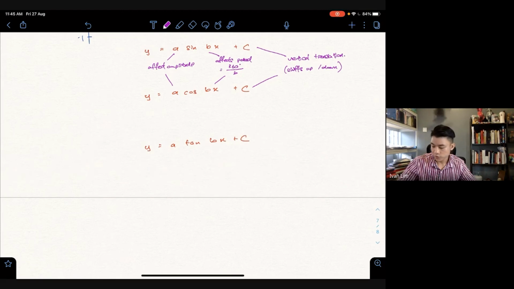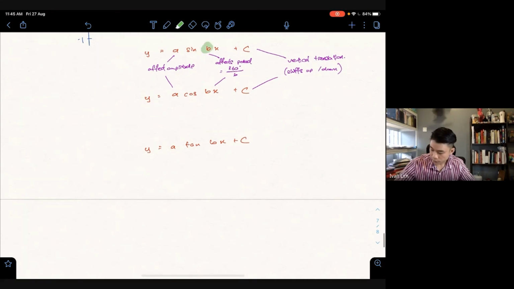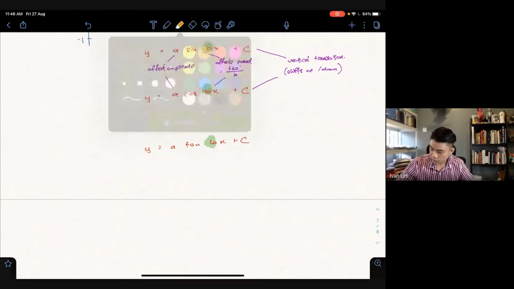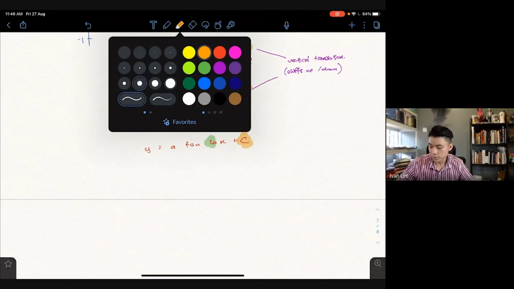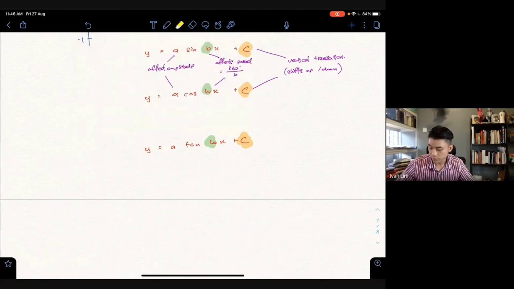Okay, so same goes for tangent also. The b, the same thing, affects the period. However, c also same thing, but this one we can't really see also. Okay, but a, it doesn't do anything because there's no maximum or minimum point.